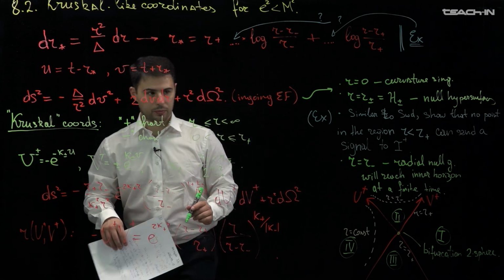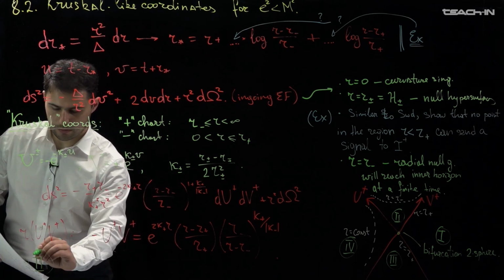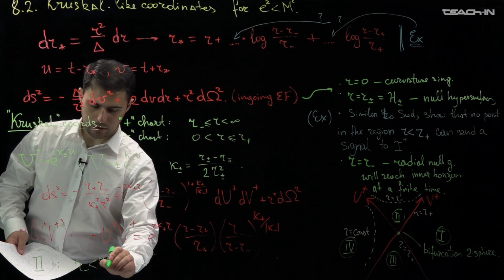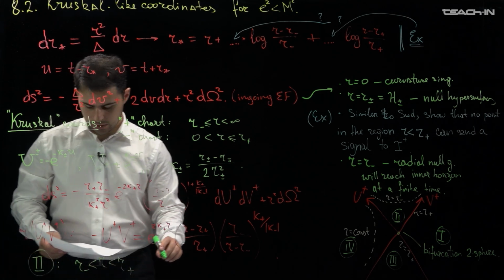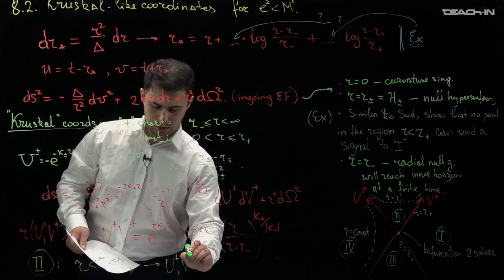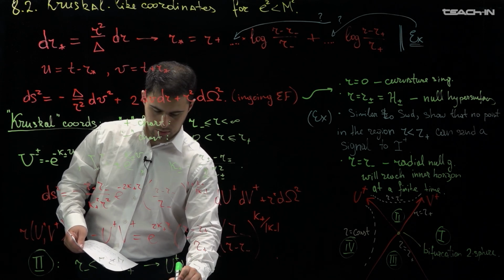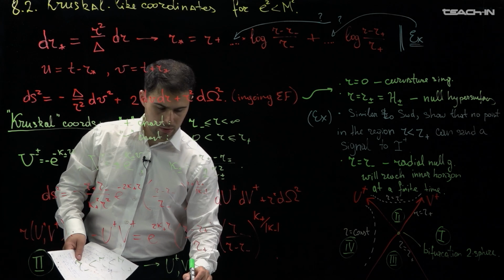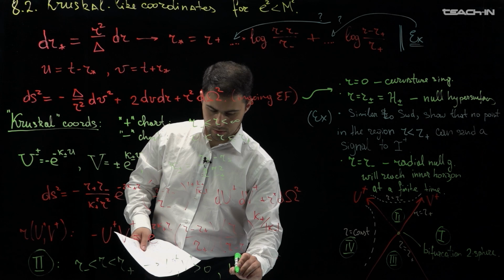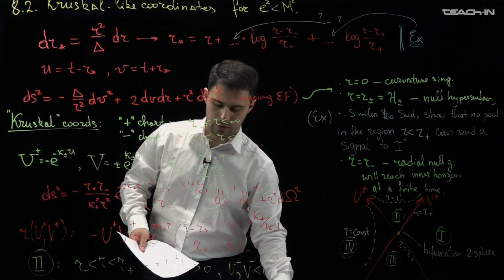So, in the region 2, which is given by r minus less than r less than r plus, it follows that u plus v plus are greater than 0 and u minus v minus less than 0.